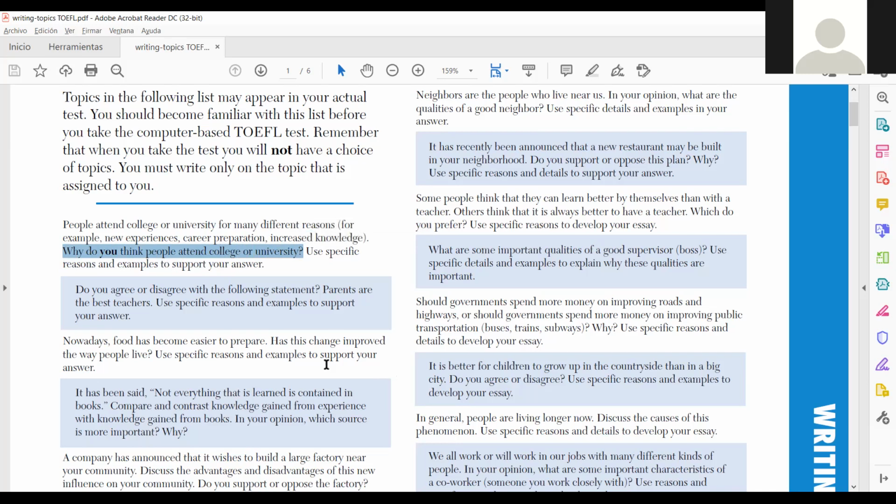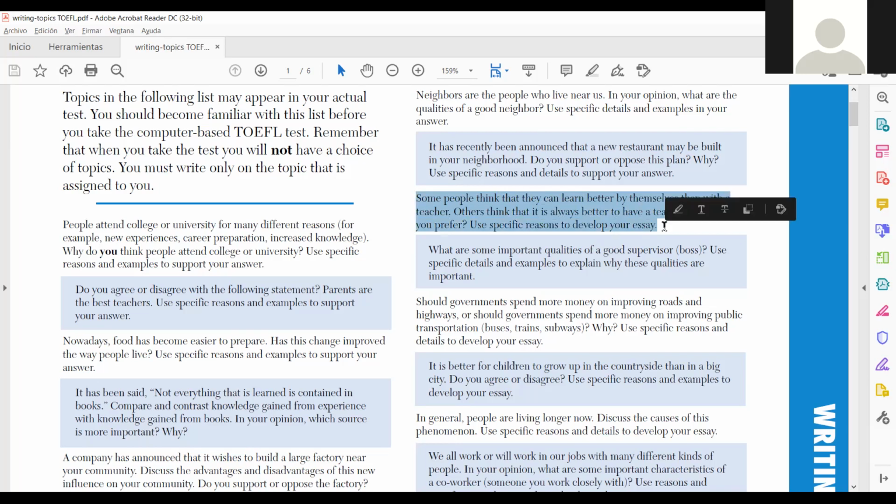It gives me the two options, colleges or universities, but this question doesn't give me that. Isn't it a compare and contrast question? How about this one?